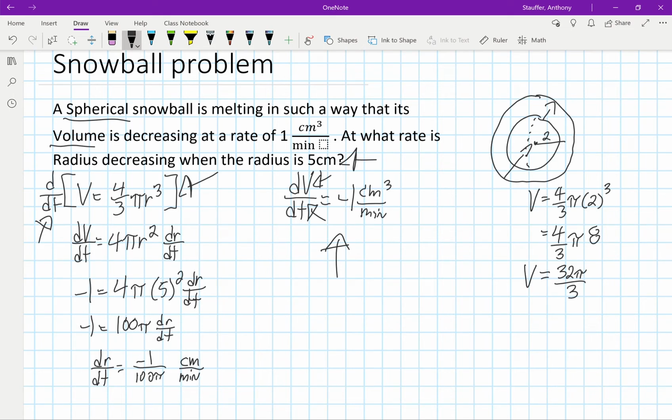Taking the derivative with respect to time gives me a dynamic interpretation of the formula, and it basically says that as volume changes, it depends on my radius changing and on my radius. I substituted in the values, solved for dr over dt, and found that the rate of change of the radius is -1 over 100 pi centimeters per minute.